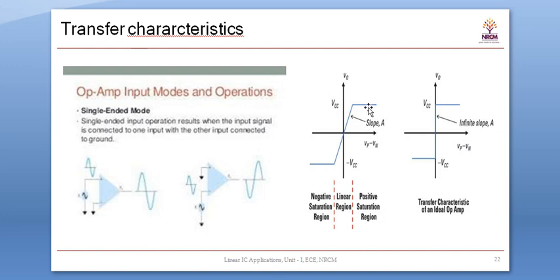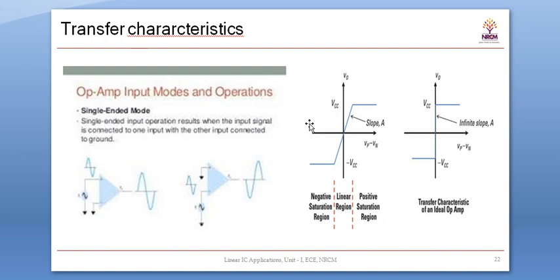As we know, V naught is equal to AD into VD. VD is on the x-axis. So VD is equal to V naught divided by AD.